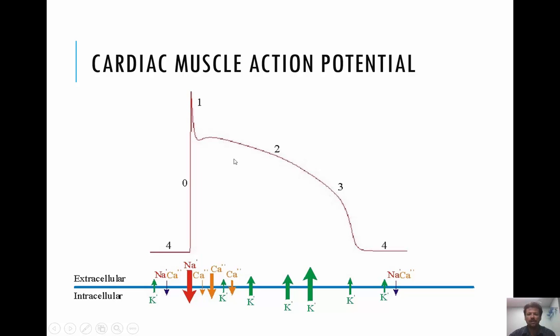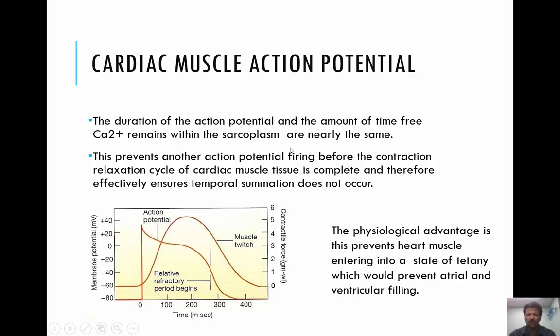And this prolongs the depolarization of the action potential until the calcium channels close and the potassium channels open and the membrane begins to repolarize. Now, this calcium channel that allows calcium into the muscle cell allows some very unique and important features of muscle tissue. The first thing I want to mention is that this prevents the heart muscle going into a state of tetany.